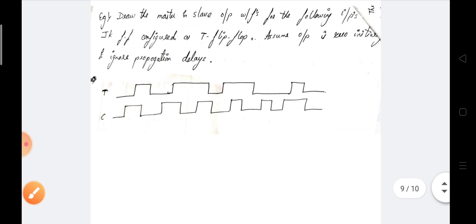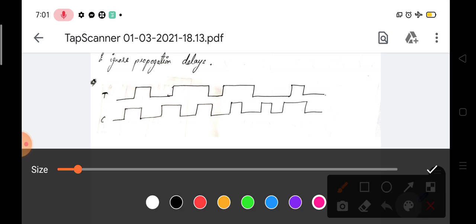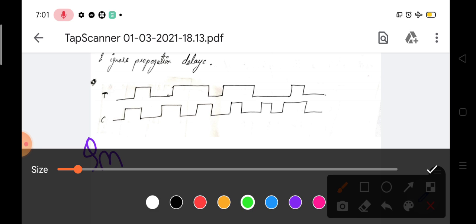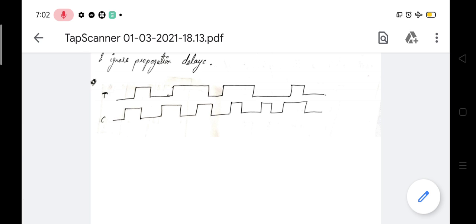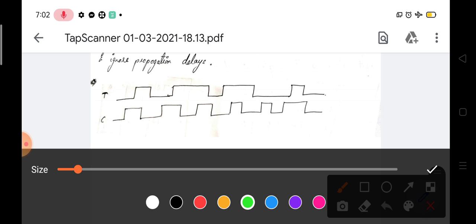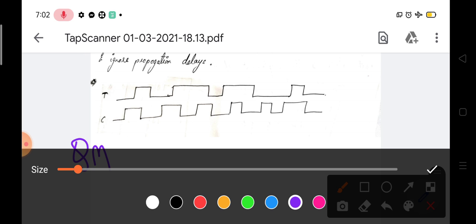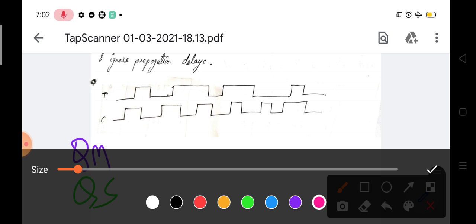Okay, so we need to draw here the output waveform. First we have to draw the output waveform for master and slave. So for master and slave, we will draw the output waveforms, and we'll start analyzing.